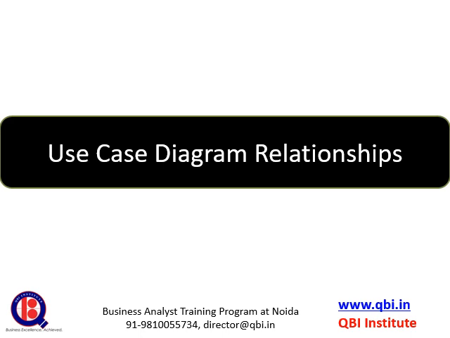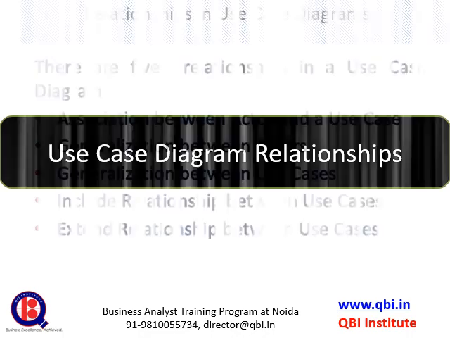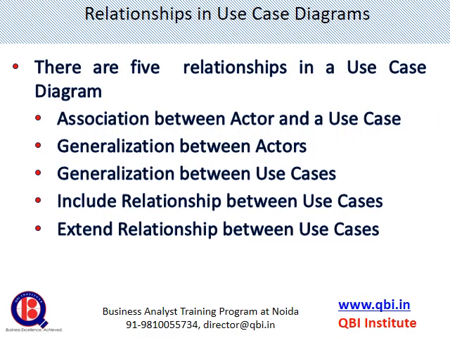Use case diagram relationships. Now it is time to learn about the 5 relationships which are there in a use case model. There are 5 relationships in a use case diagram.